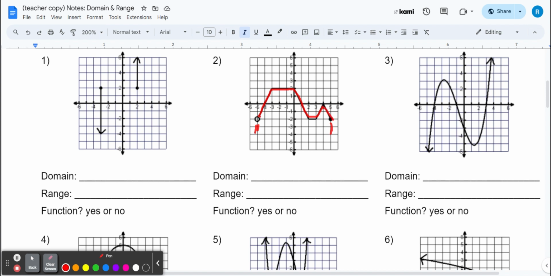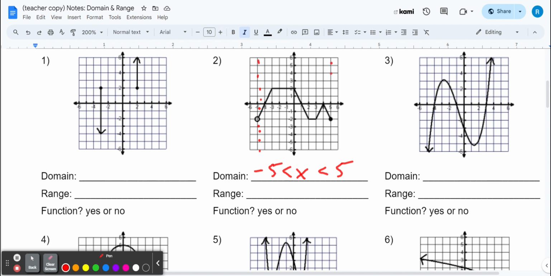But notice here we have an open circle over at the left at -5. We have a closed circle at the right at +5. So that's going to impact how we write our domain. Our x value we know is going to go all the way from -5 to +5, because that's the bound that's set on our graph here.